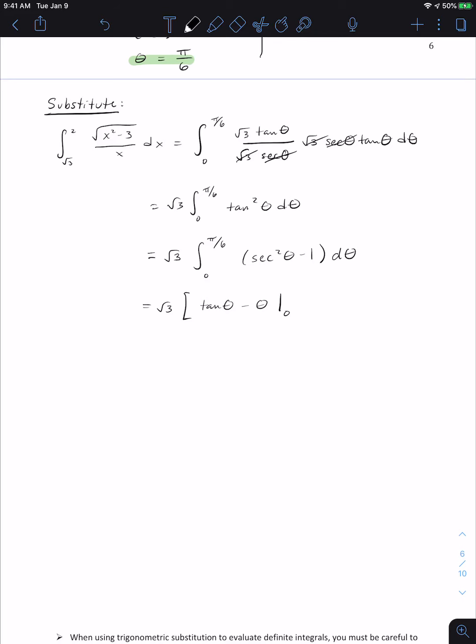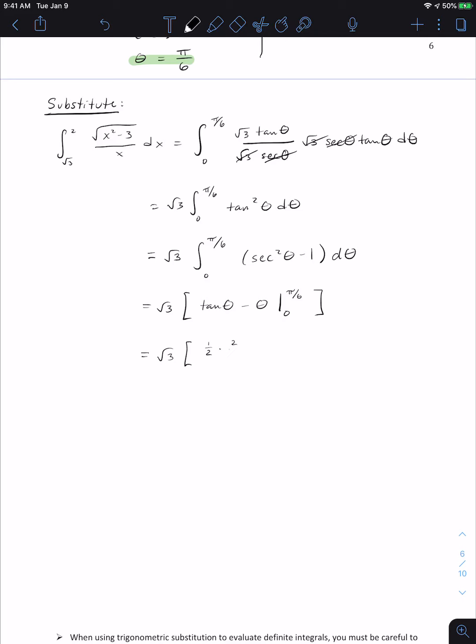And now, since my limits are in terms of theta, life is good, and I can just plug those in. So I get radical 3, tangent at pi over 6. Tangent at pi over 6 is going to be 1/2 divided by radical 3 over 2.